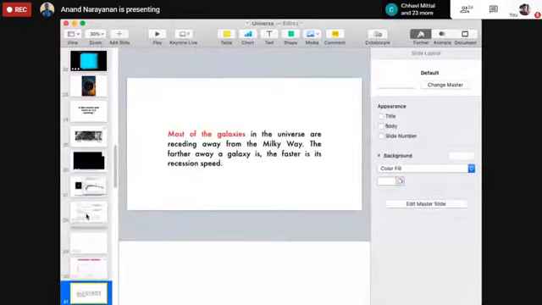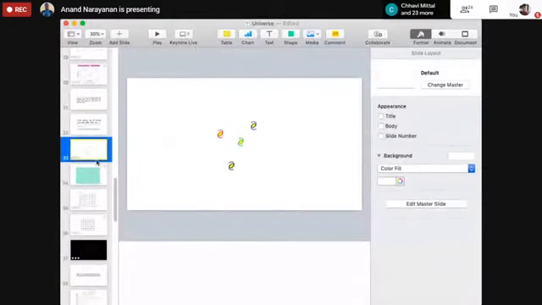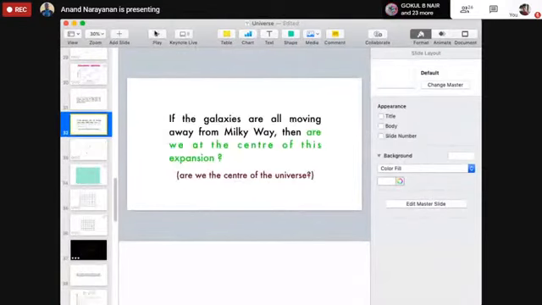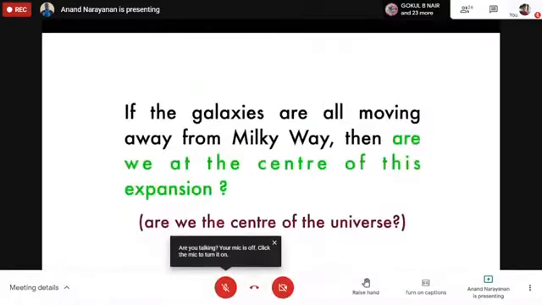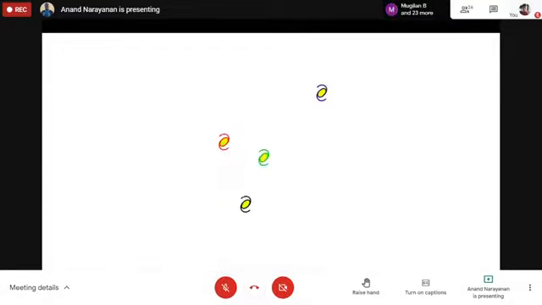So if all the galaxies are moving away from the Milky Way, then the question is, are we the center of this expansion? In other words, are we the center of the universe? Okay. So this is what Hubble and Humason observed. They found that all the galaxies are moving away from us. But the interpretation that was given for these observations is that no matter which galaxy we live in, we will observe the same.